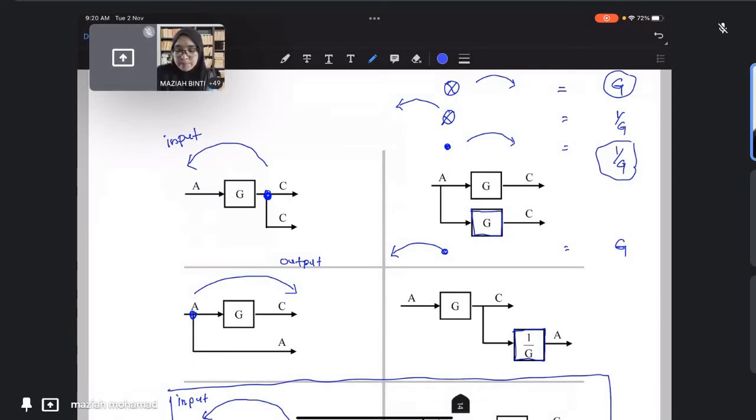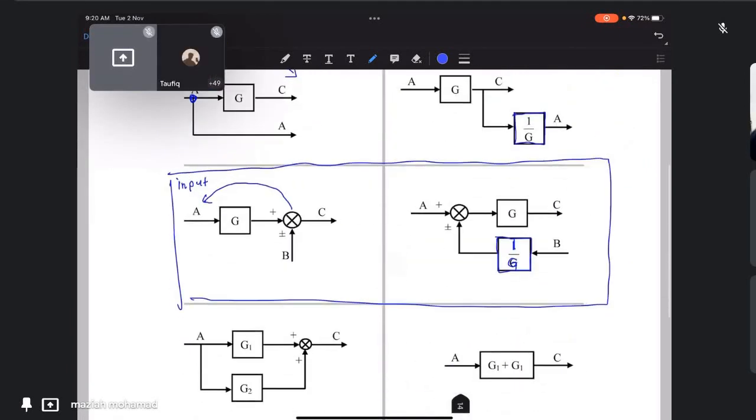Toward the input. Yes, this one. So when you move a summation point toward the input, you will need to multiply it with 1 over G. Here you can see the input arrow for the summation point is B. But after you have moved toward the input, B will need to multiply with 1 over G, meaning you need to add a block here.